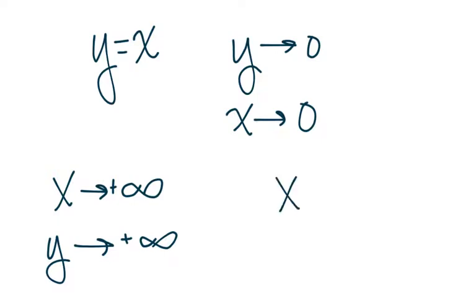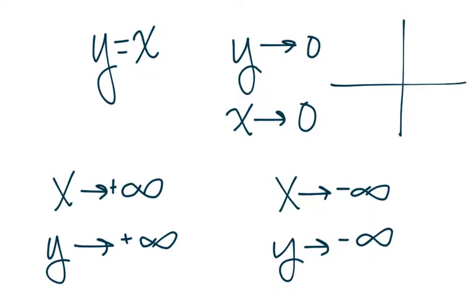Or we could even go the other direction and say as x gets close to negative infinity, our y also gets close to negative infinity, which of course you can also visualize on the graph. So as our x's get bigger, our y's get bigger. As our x's get smaller, our y's get smaller. This is just the very basic idea of what it means to be a limit.